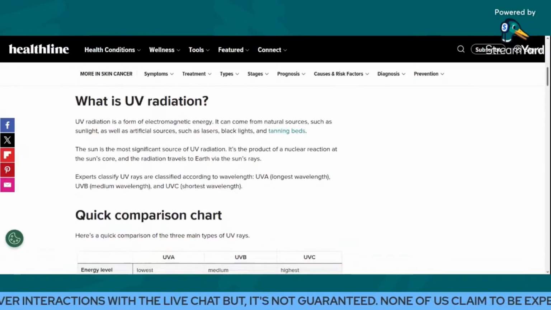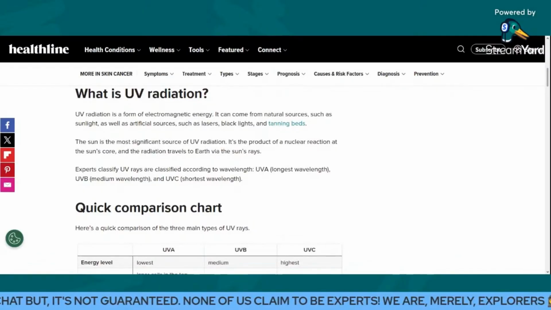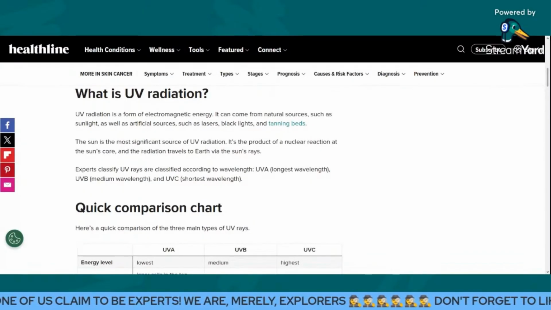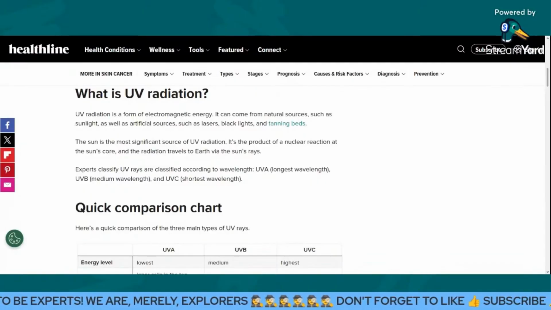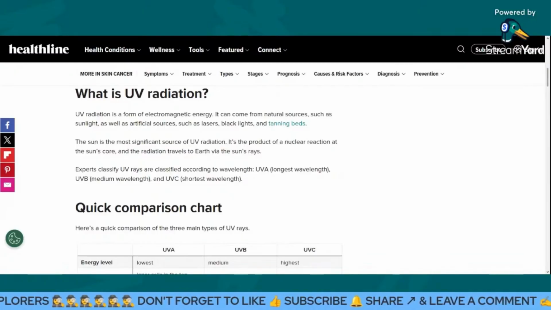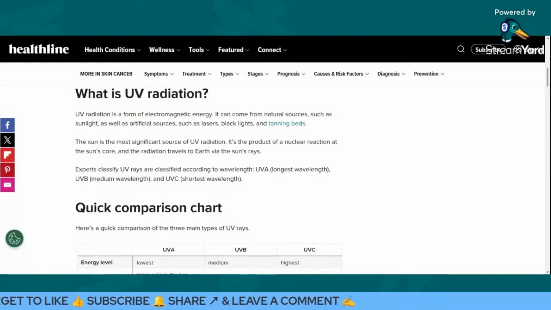What is UV radiation? UV radiation is a form of electromagnetic energy. It can come from natural sources such as sunlight, as well as artificial sources such as lasers, black lights, and tanning beds. The sun is the most significant source of UV radiation.